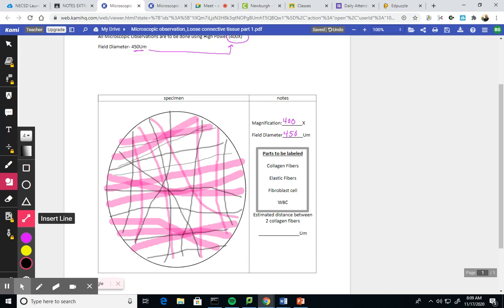If you choose the insert line with a number 2 and a black, now all I have to do is go from the word to the structure. Boom. And I could do more than one.